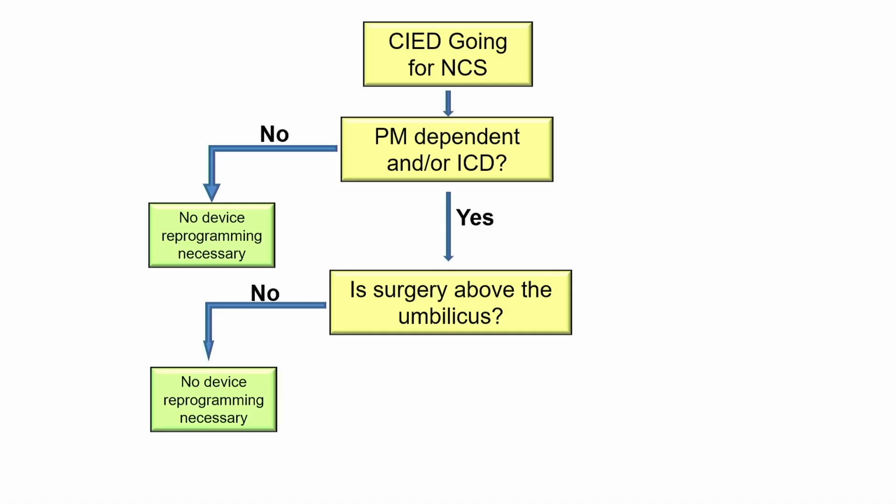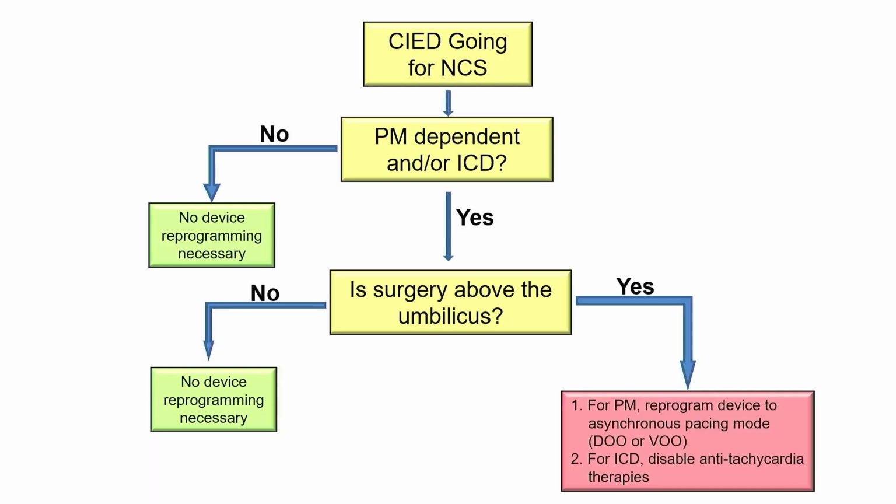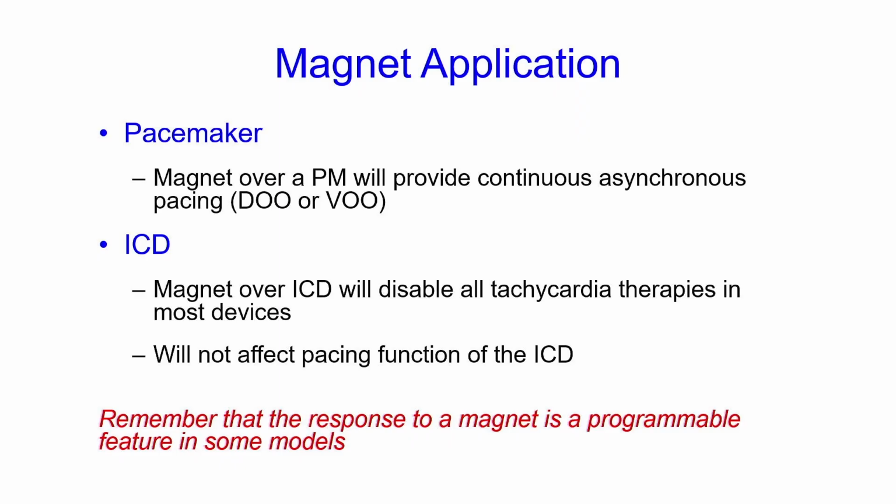If it's not above the umbilicus, then no reprogramming necessary. If it is above the umbilicus, then for pacemakers, you should reprogram to an asynchronous mode, and for defibrillators, you should disable anti-tachycardia pacing.